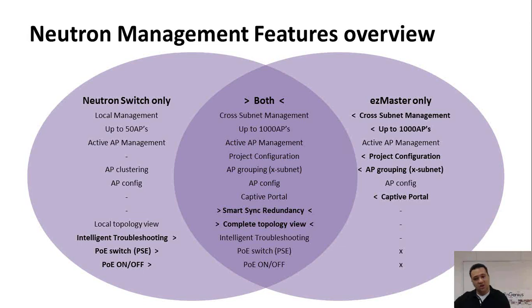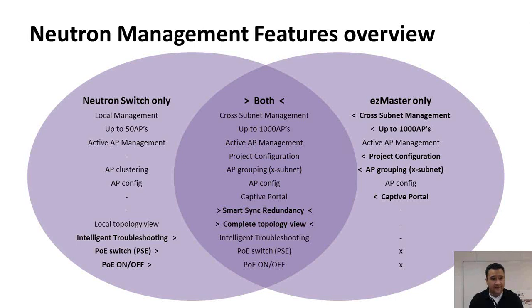Second thing is cross-subnet management. With the Neutron switch you can only manage locally, and with EasyMaster you can manage from different places. And above that, captive portal, like I've shown in the slide. So please keep in mind that you have these big differences: 1000 access points, cross subnet, and captive portal if you're using EasyMaster.